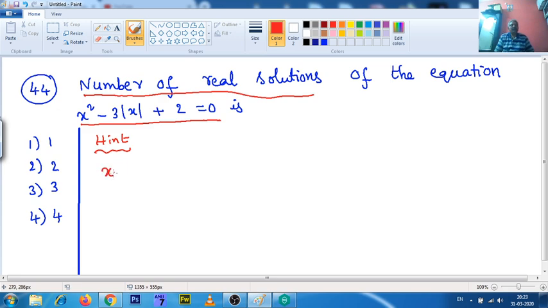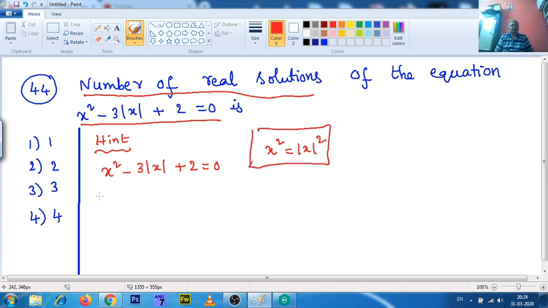So, x square minus 3 mod x plus 2 equals to 0. One thing to remember, x square is equal to mod x square, also we can write it. So, now we can write mod x square minus, the middle we can split, 2 mod x minus mod x plus 2 equals to 0.